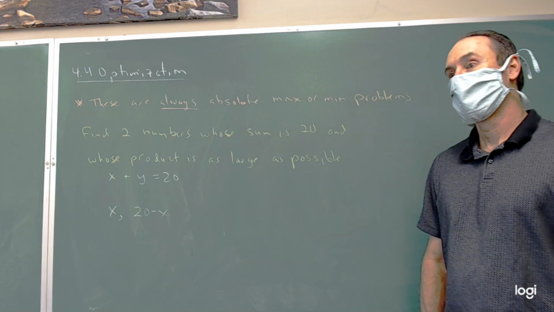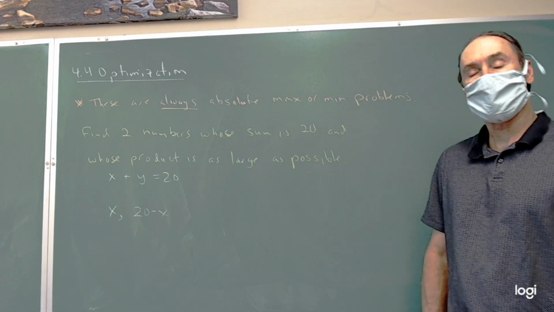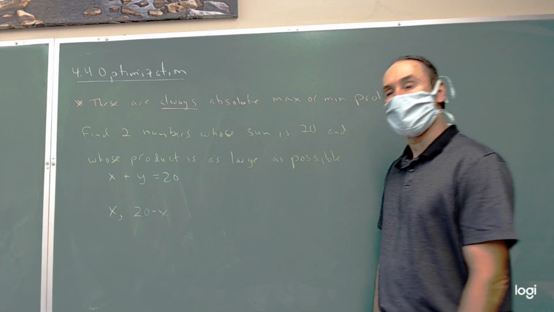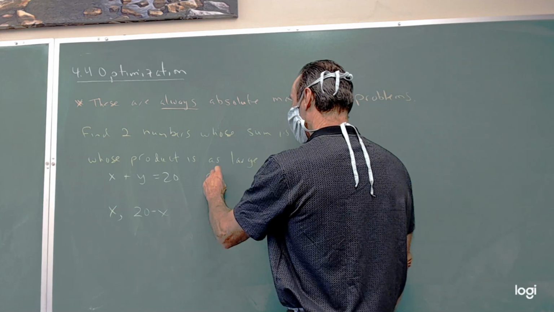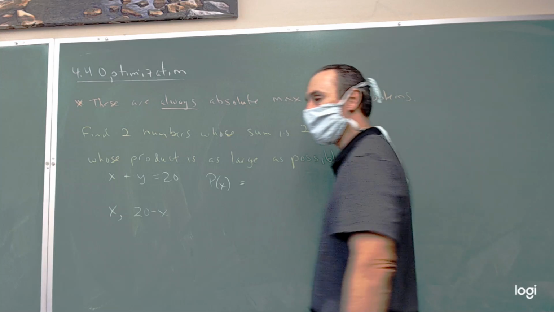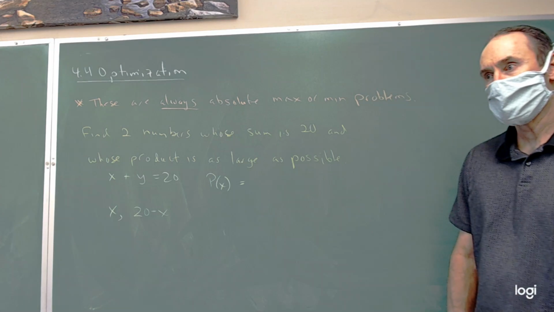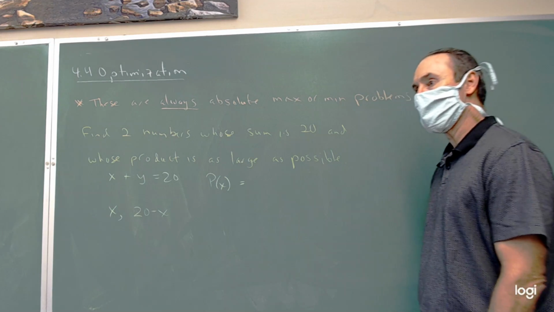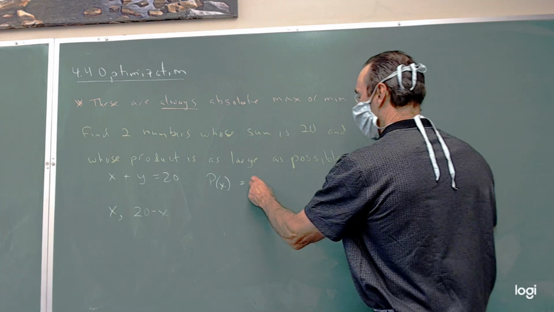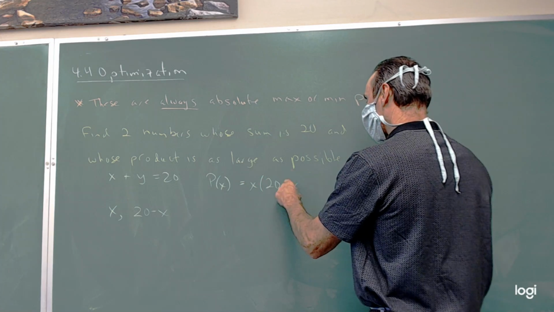Okay? And now we want to maximize their product. So we can get a product function. So our product, p of x, what do we mean by product? Multiply. Yeah. So x times 20 minus x.